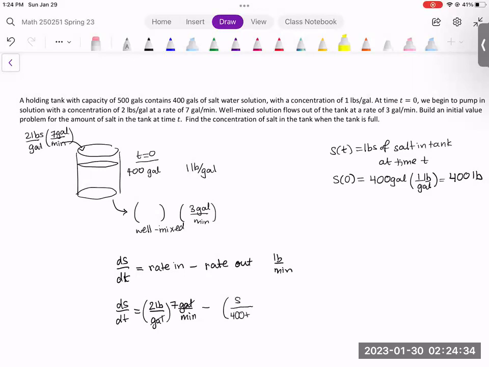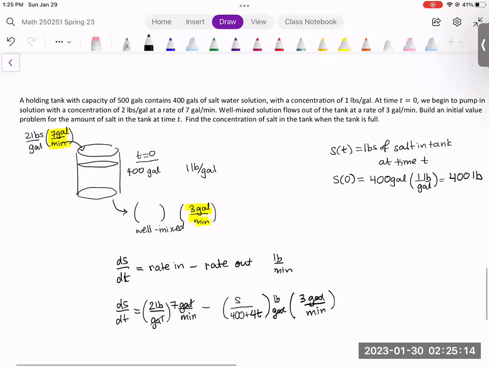And if we take a look at the gallons in and the gallons out, we see that the net change in gallons, that rate of the fluid flowing, is going to be that we gain 4 gallons per minute in our tank. So this is given by S over 400 plus 4t pounds per gallon. And we're multiplying this by our fluid rate out, which is 3 gallons per minute.